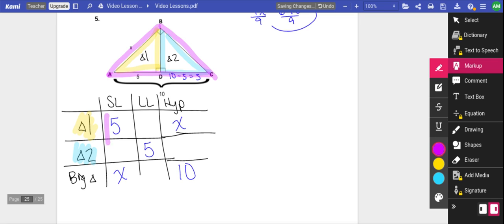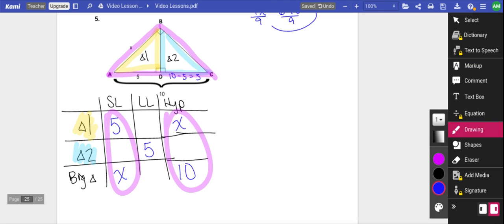Again, here is my proportion. 5 over x is equal to x over 10. Let's cross multiply. X times x is x squared.